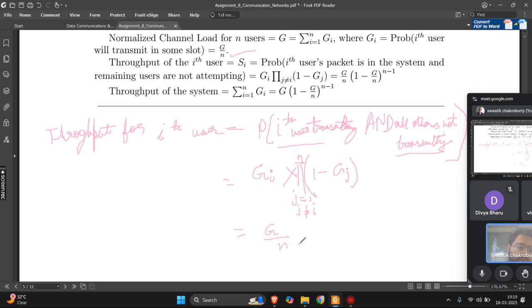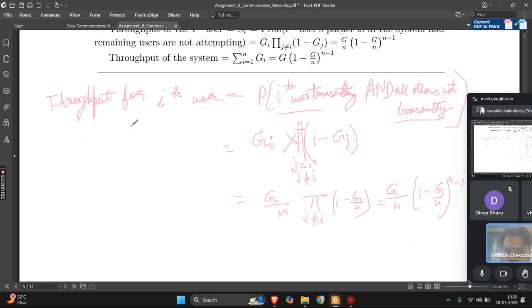We are assuming that all have equal load. So the product over j not equal to i is immaterial, we will just multiply 1 minus G by n, n minus 1 times. Why n minus 1? Because for one user it is G by n, for everyone else it is 1 minus G by n.